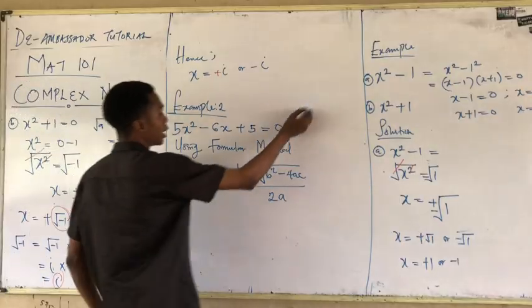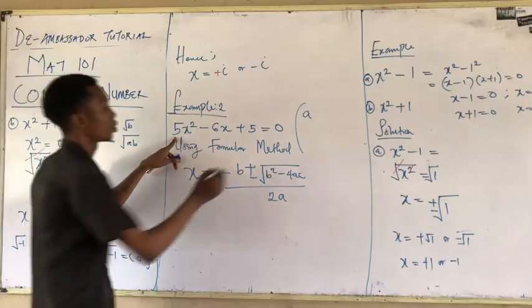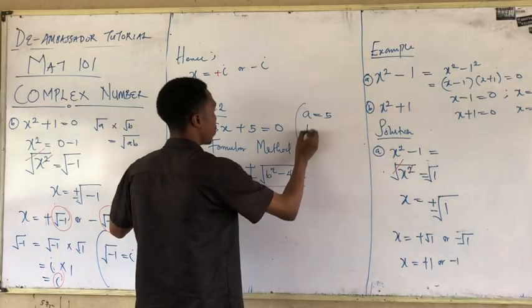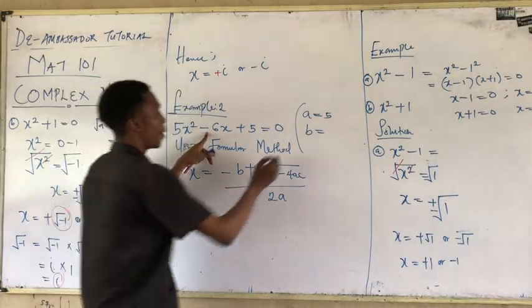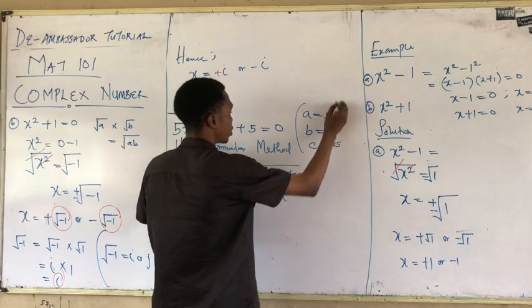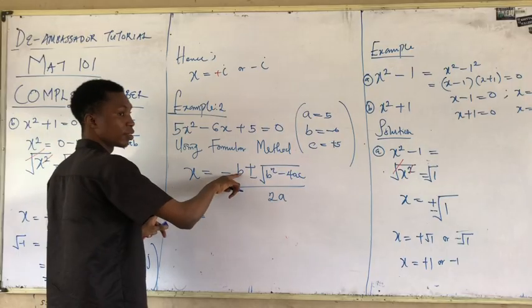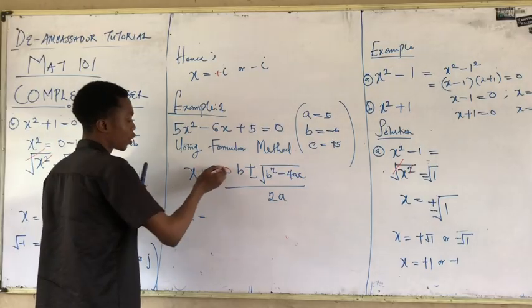At this side, where is my a? a is 5. What's my b? Minus 6. What's my c? Plus 5, isn't it? So any place we have our b, what will we put there? If you look at this b, it has a minus before.